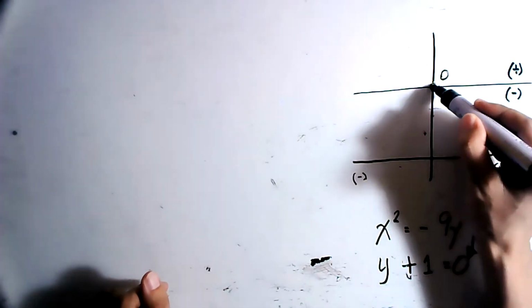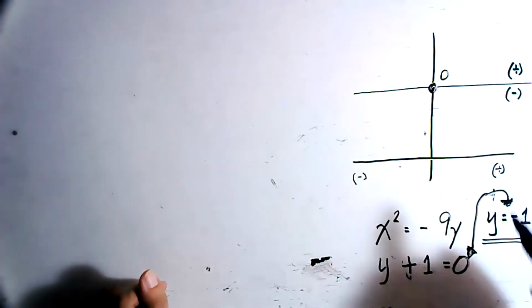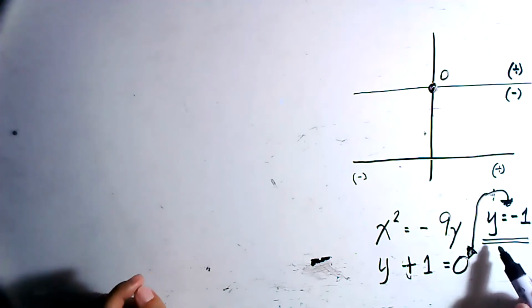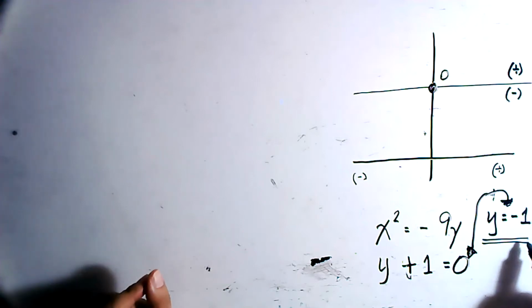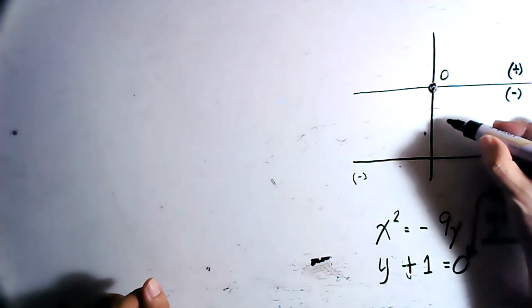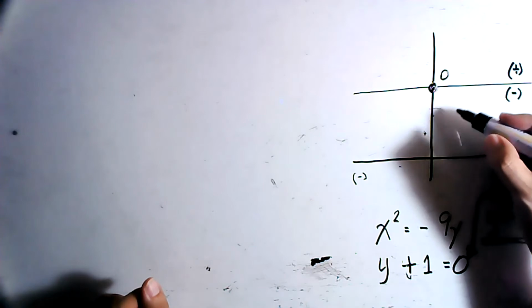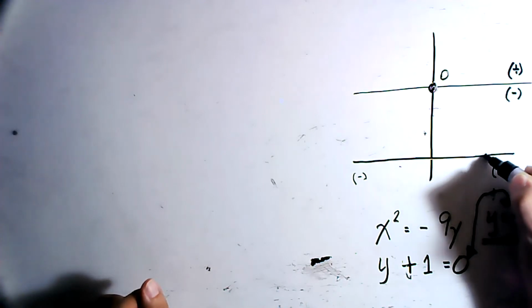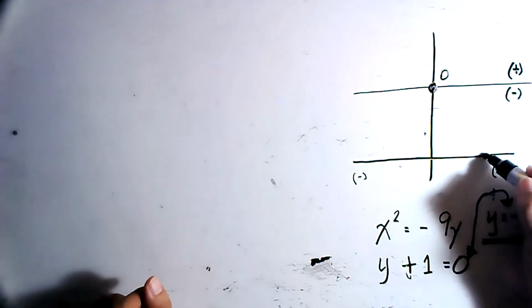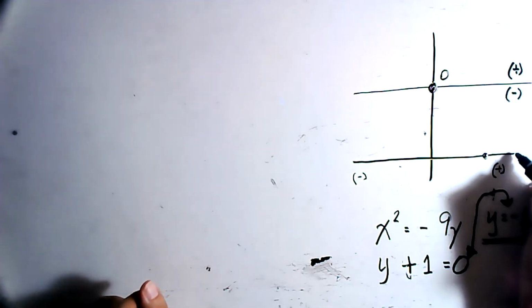From the point of origin, if we are going to draw the figure representing the line y equals negative 1, then that means we have the line here.